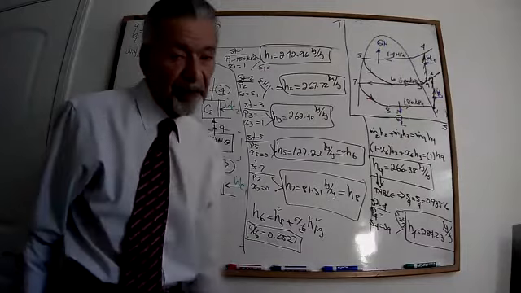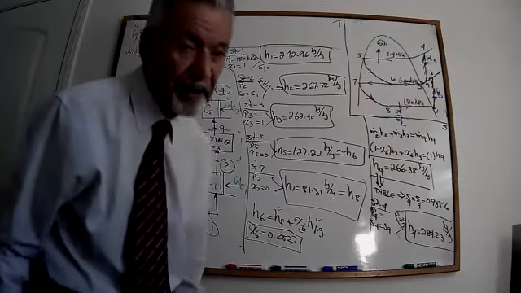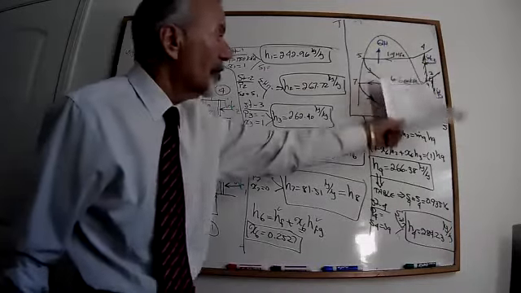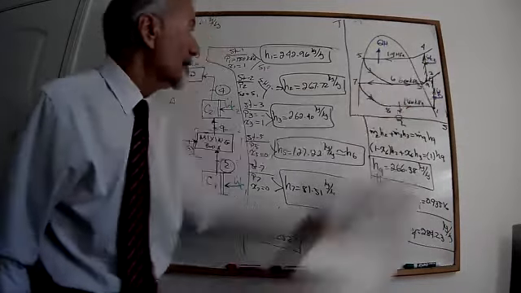Compressor 2 is H4 minus H9. So if I plug all the numbers in, I will get the total work of the compressors to be 36.43 kilojoule per kilogram.